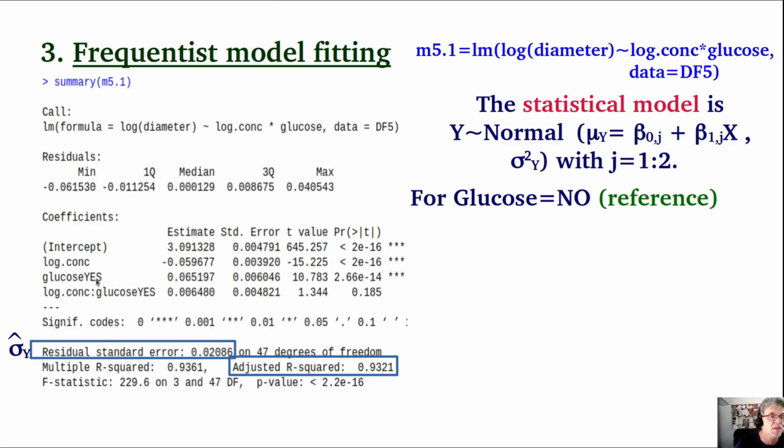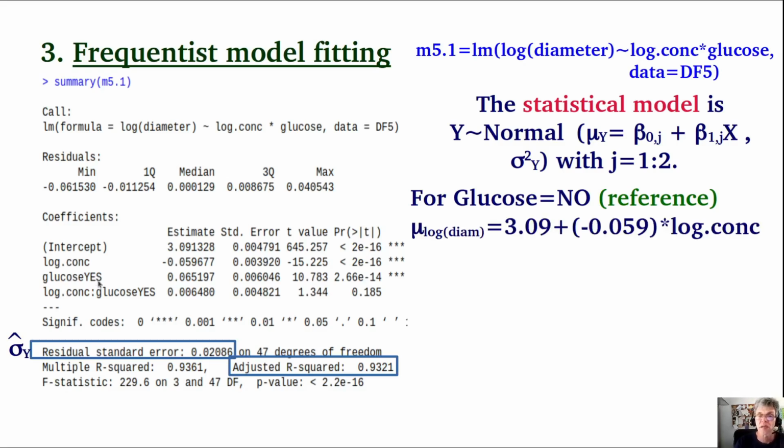We see here yes, therefore glucose no is the reference level. We can write an equation relating the mean of the log diameter. This is the intercept for the reference level. This is the slope for the concentration. This all refers to the reference level.